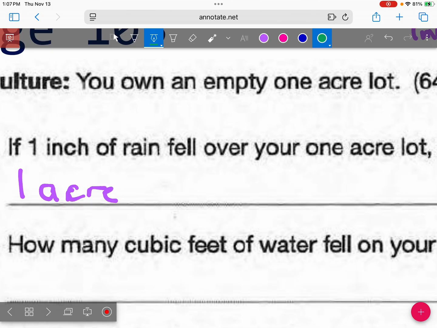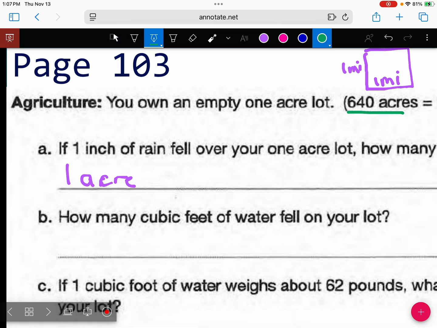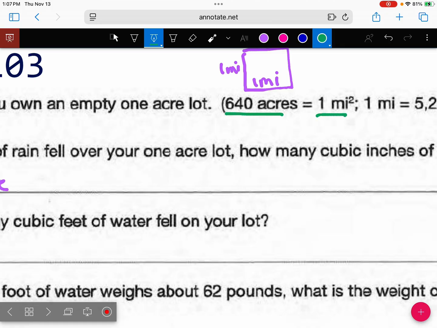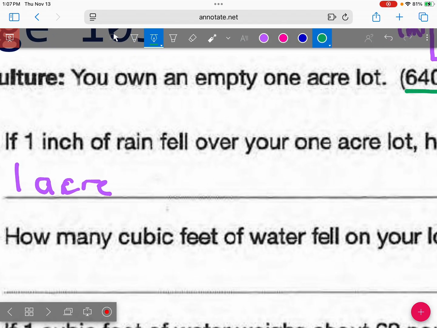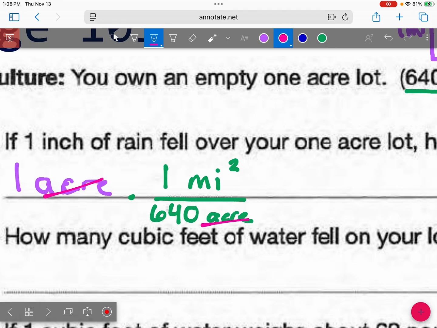We're going to need first to get acres into miles. So 1 square mile equals 640 acres, so I can get that word acre to cancel out.